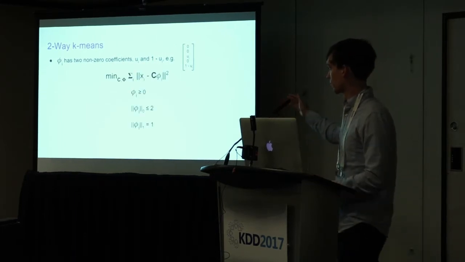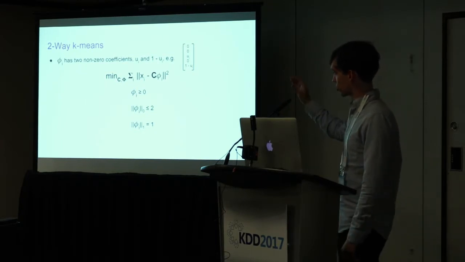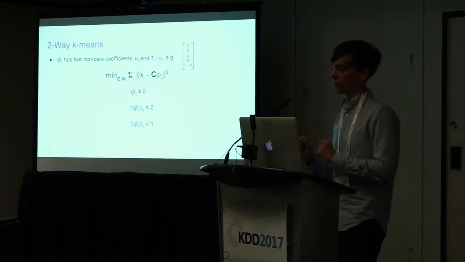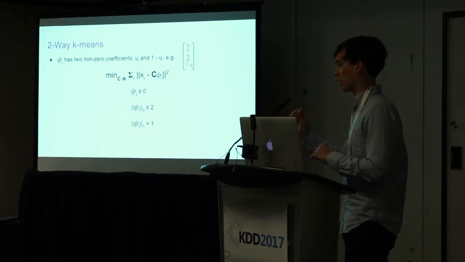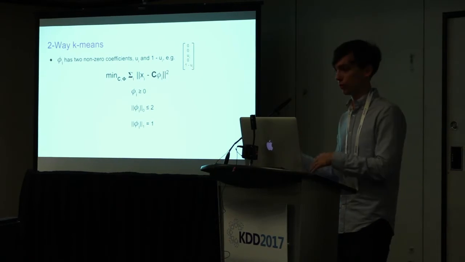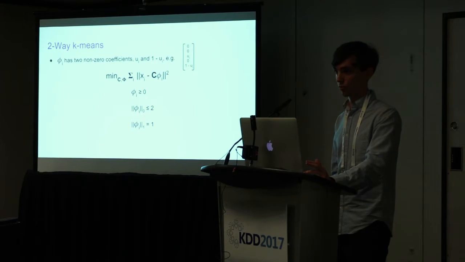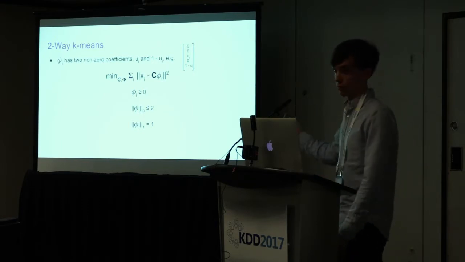So we have a generalized kMeans objective, but with constraints on the coefficient vector to ensure each point belongs to 2 representatives and has coefficients that sum to 1, because these are supposed to be proportional, such as 0.25, 0.75. Now we need to focus on learning what this coefficient vector is.